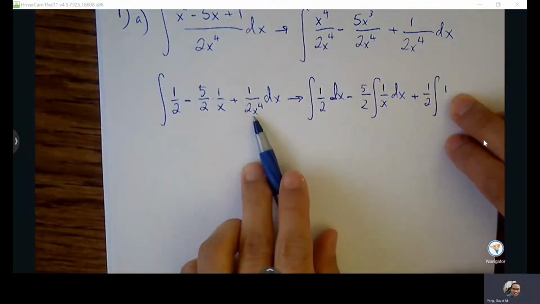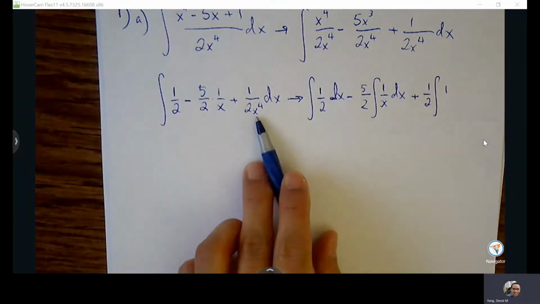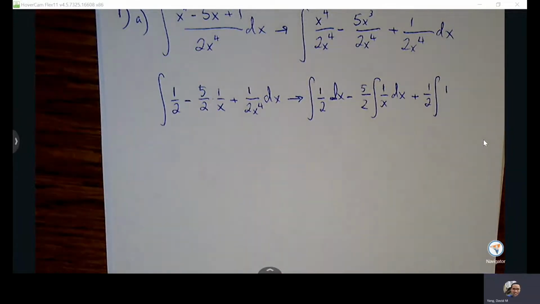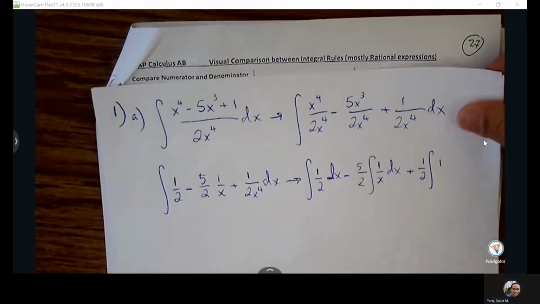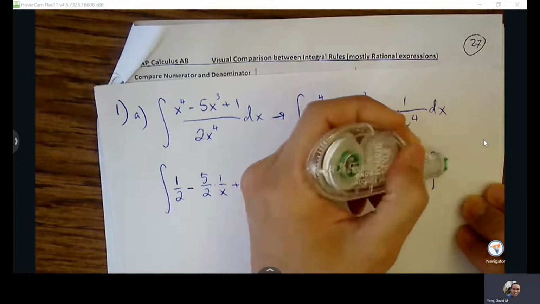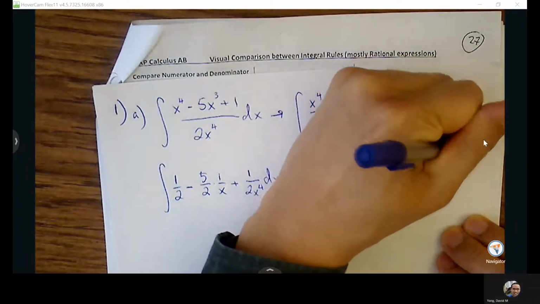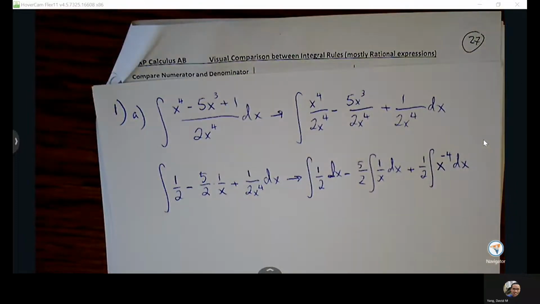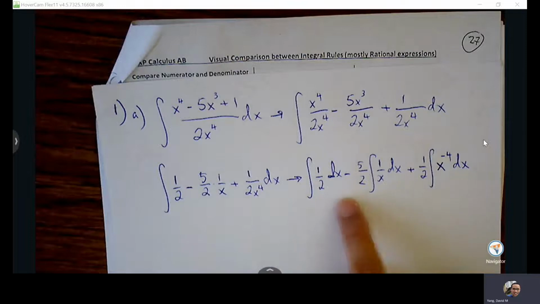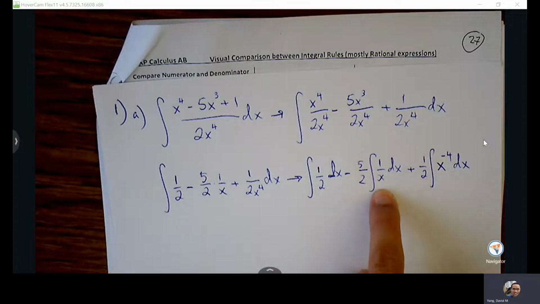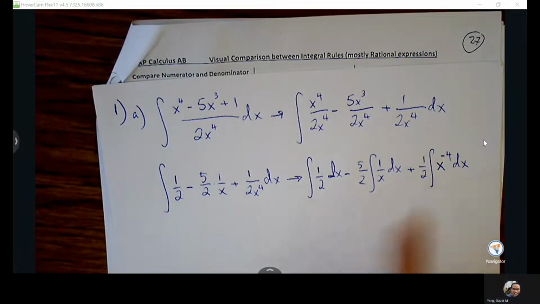And this, I have to bring the x up to the top. So I don't want to do natural log for this one, right? I want to do power rule. Okay. Power rule, natural log, power rule.